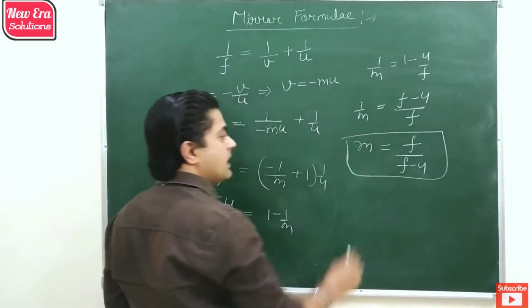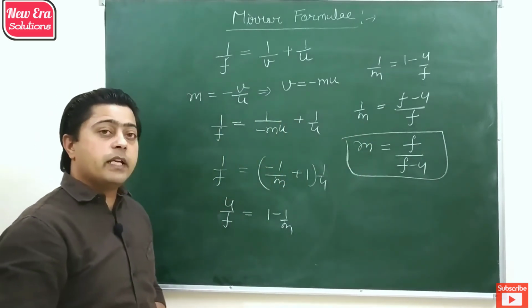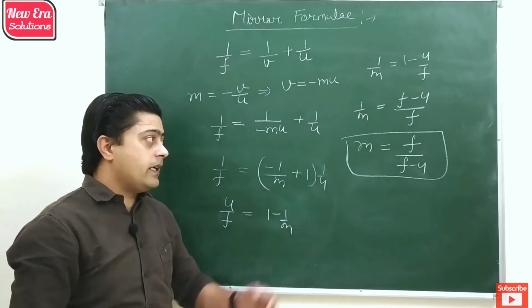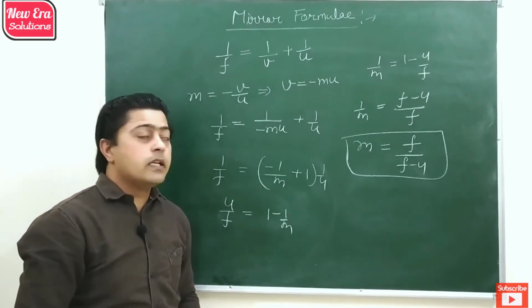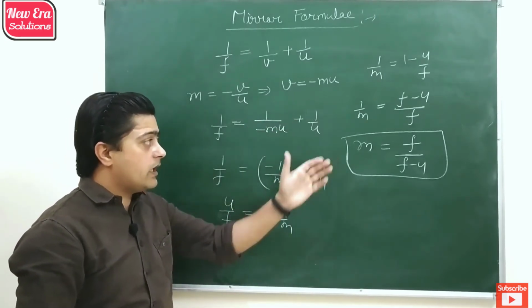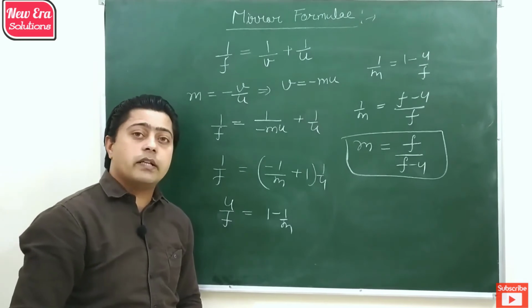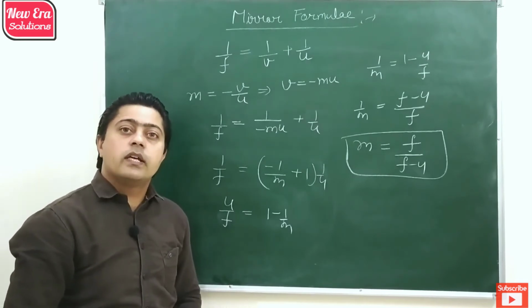So this is the relation between magnification, focal length and distance of object. In the same way, we can relate magnification, focal length with the distance of image.